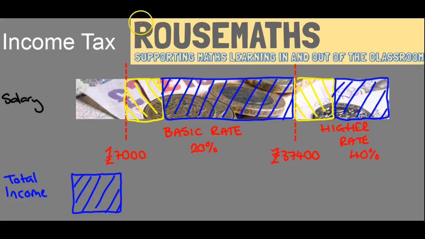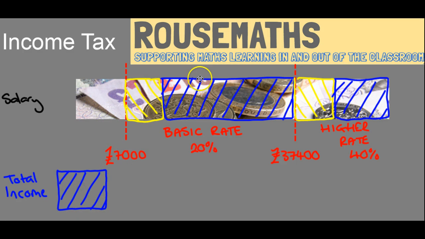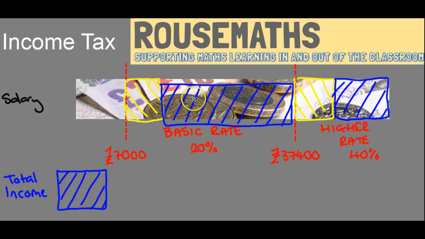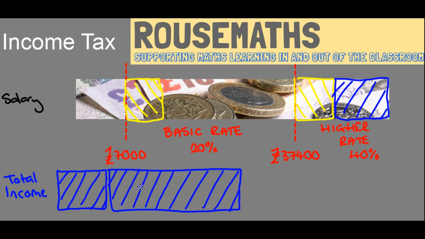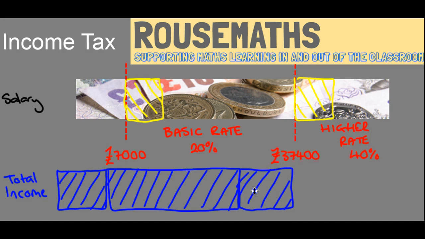So that's our tax-free allowance, which goes into our income. Here's the bit that's left off after we take 20% off, 30,400. So there's the rest of our income, and then above 37,000 up to your total salary, you get 60% of that because 40% gets taken off.